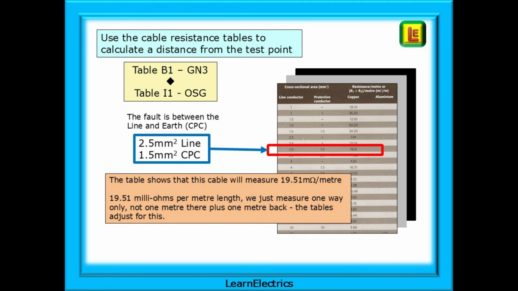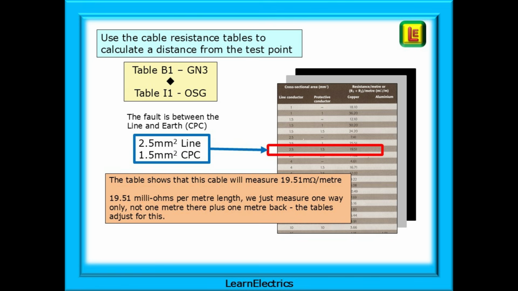In Guidance Note 3, this is table B1, and in the on-site guide it is table I1. The table gives you choices for different conductor size combinations. For this example, we have a 2.5 square millimeter line conductor and a 1.5 square millimeter protective conductor, the earth or CPC.